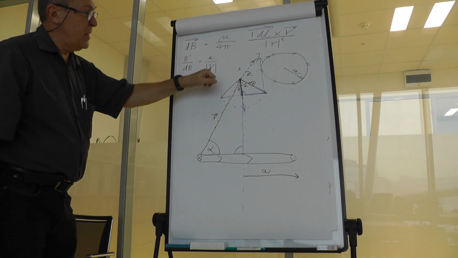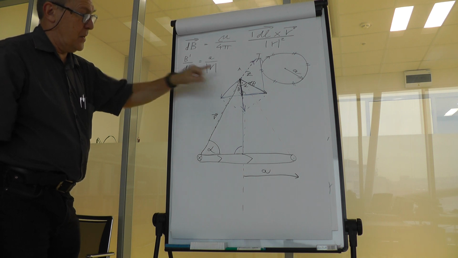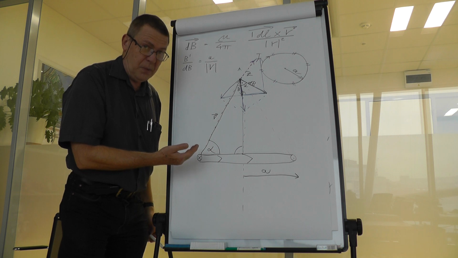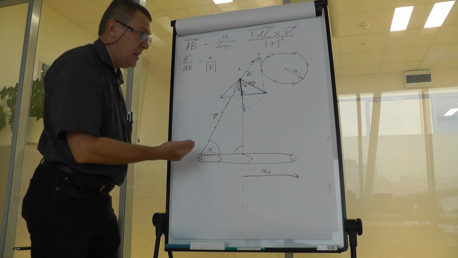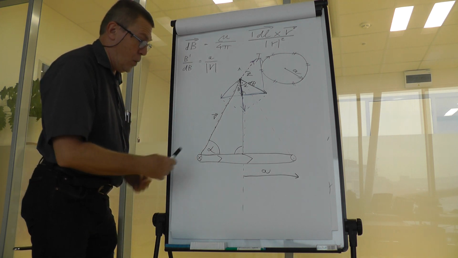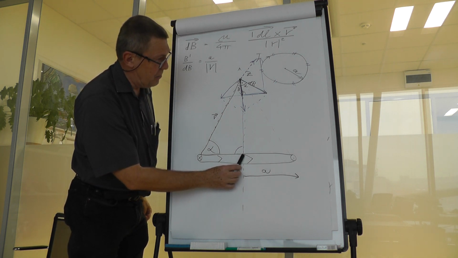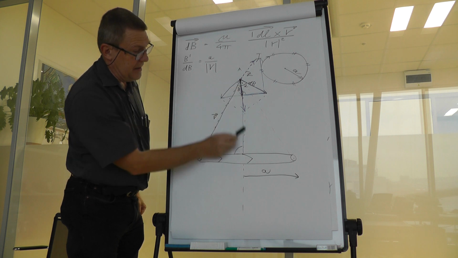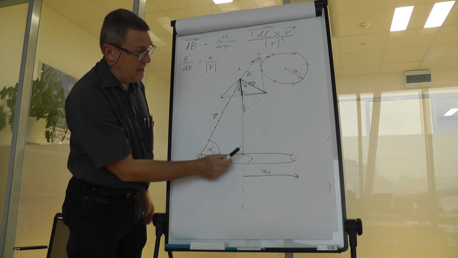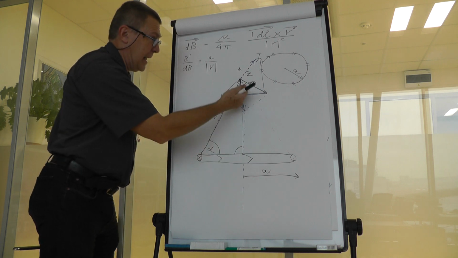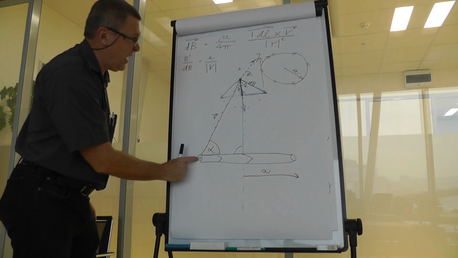We should note that the size of the radius vector can be obtained by using the Pythagoras equation. So we would say, okay, a squared plus z squared, summing those two and taking the square root, we get just the r.